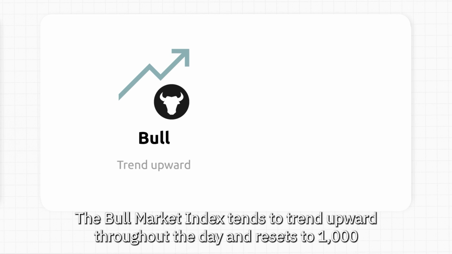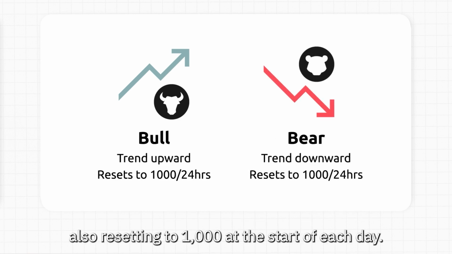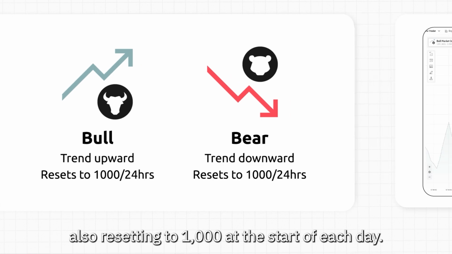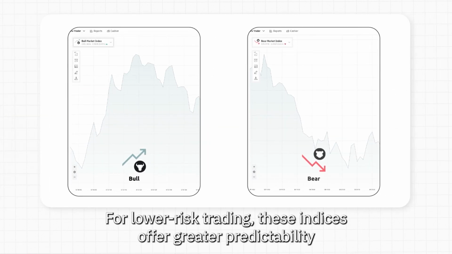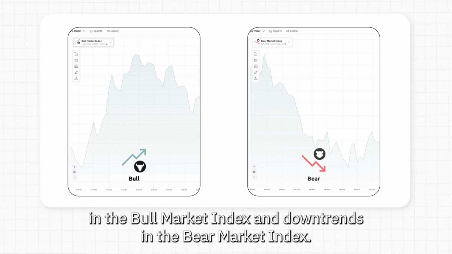The bull market index tends to trend upward throughout the day and resets to 1,000 every 24 hours, while the bear market index tends to trend downward, also resetting to 1,000 at the start of each day. For lower risk trading, these indices offer greater predictability in their daily trends, as evident from their charts showing consistent uptrends in the bull market index and downtrends in the bear market index.